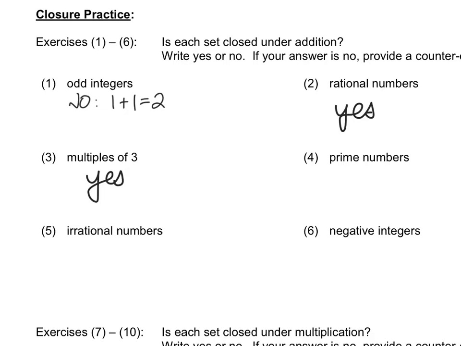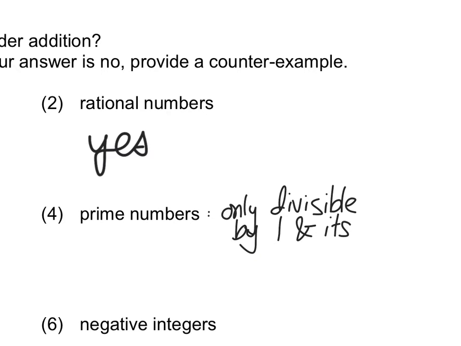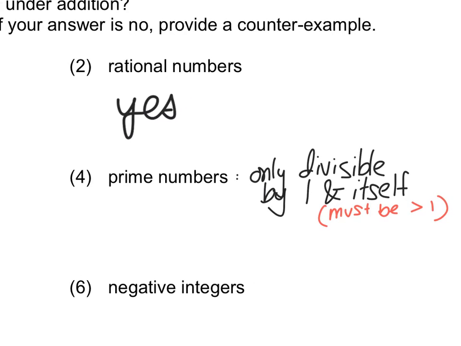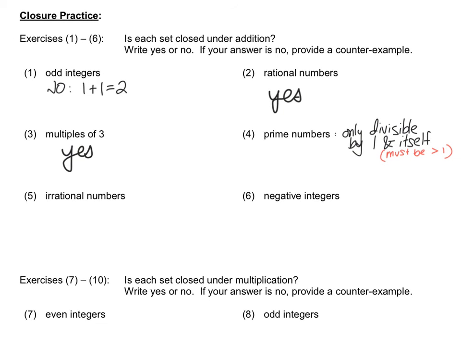All right, I'll make a note of that so we have it: only divisible by 1 or itself, with a little condition that it has to be greater than 1. A common misconception is that 1 is a prime number, and that's not true. So 1 is not a prime number.